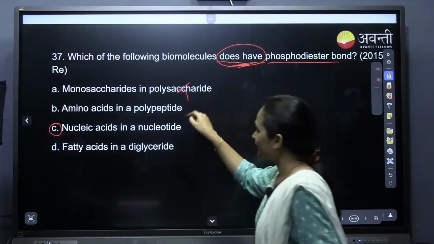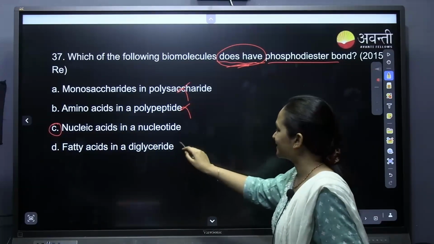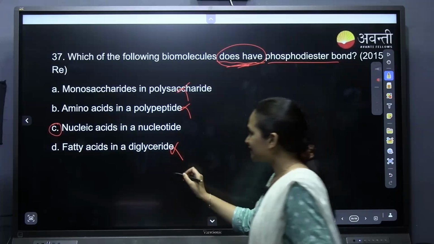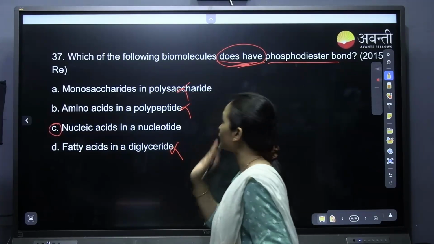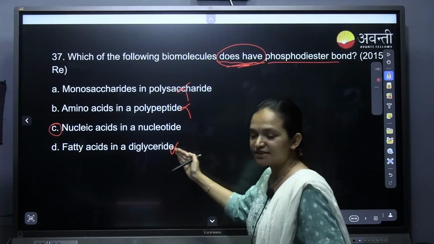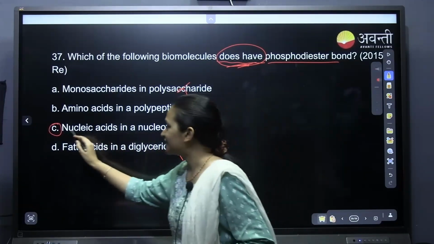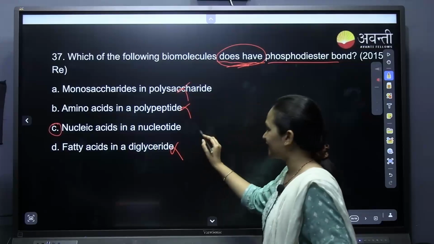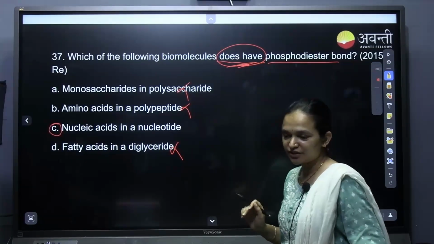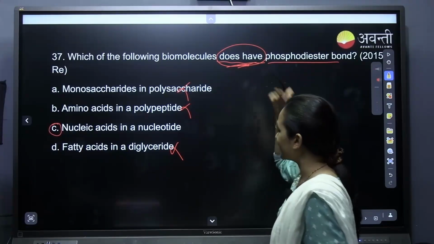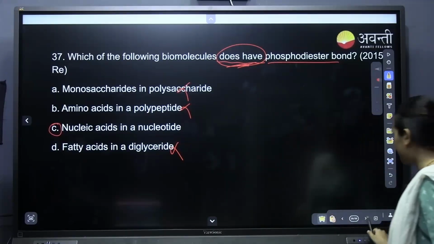Amino acid does not have it, fatty acids and glycerides have ester bonds, not phosphodiester. Esterification of fats happens here. So here it is C, nucleic acid, they have phosphodiester bonds. Understood? Pardon me students, I read the question wrong.